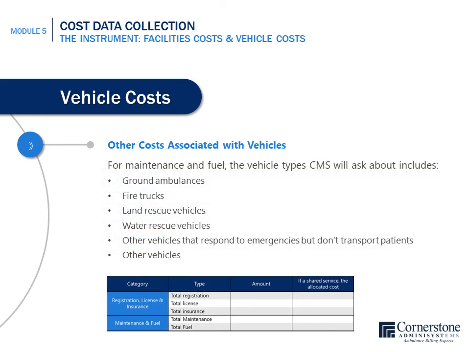So for maintenance and fuel, the vehicle types that CMS will ask about include ground ambulances, fire trucks, land rescue vehicles, water rescue vehicles, other vehicles that respond to emergencies but don't transport patients, and then other vehicles, something that wouldn't fall into any of those other categories.